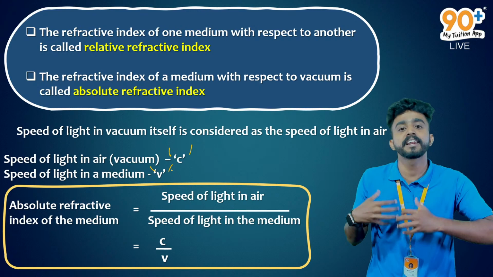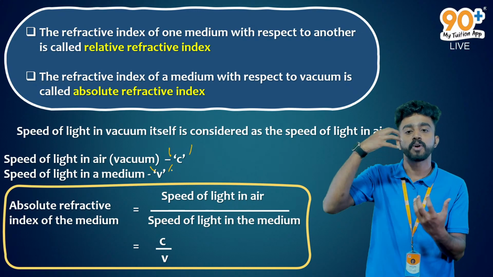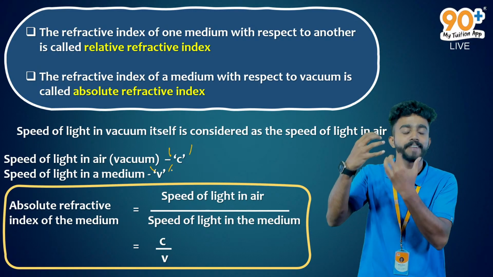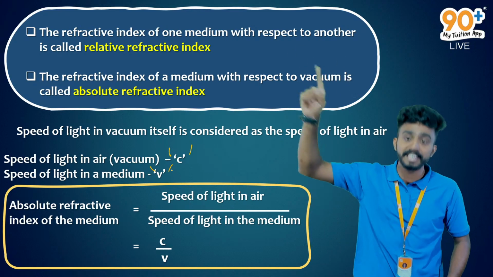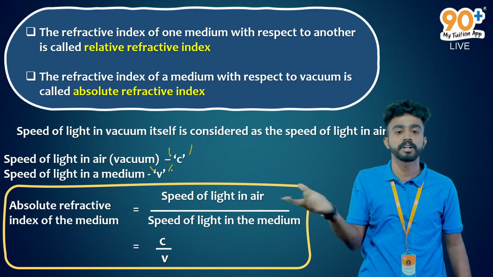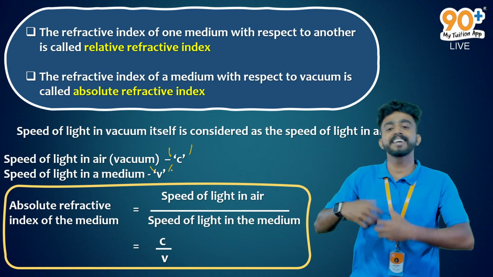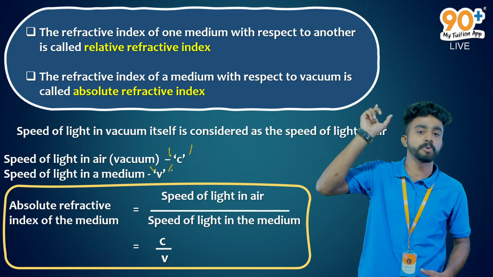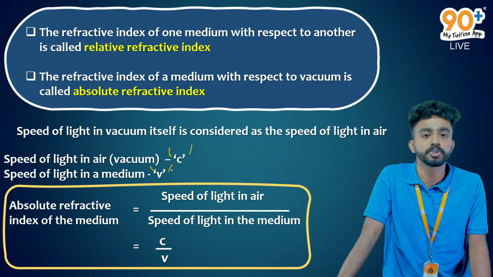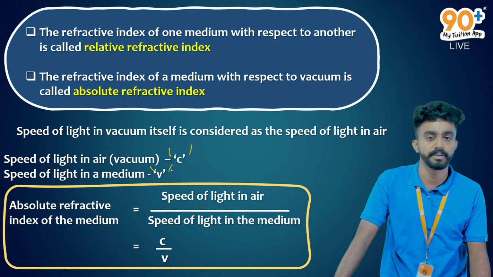So we will be considering two mediums, medium 1 and medium 2, that is water and diamond. The refractive index value which we are getting is the relative refractive index, not the absolute refractive index or the actual refractive index value. When we are calculating the refractive index with respect to vacuum or air, we can call it absolute refractive index. So Linda, is it clear? Got it? Fine.